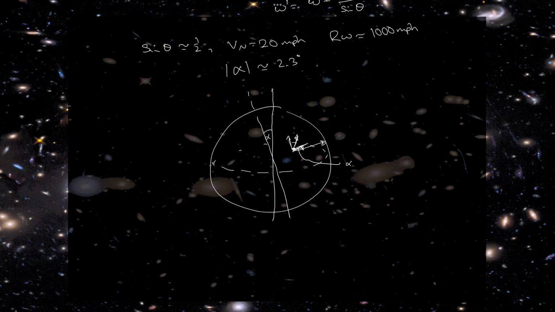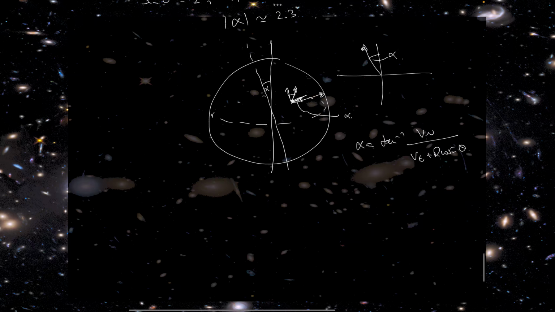So our gyrocompass is pointing in a direction here with this value alpha, and again you can see alpha is therefore the inverse tan of the northward component of velocity divided by the eastward plus our omega sine theta, that last term corresponding to the tangential velocity of the Earth at that latitude.